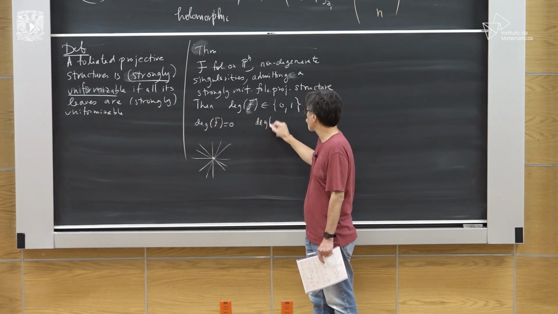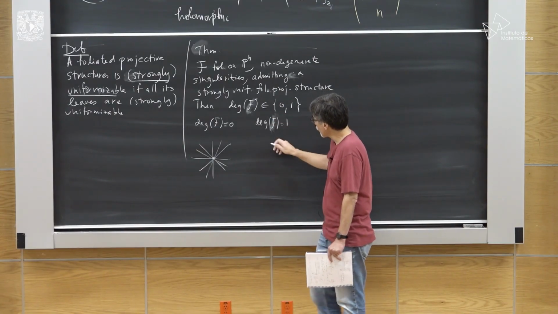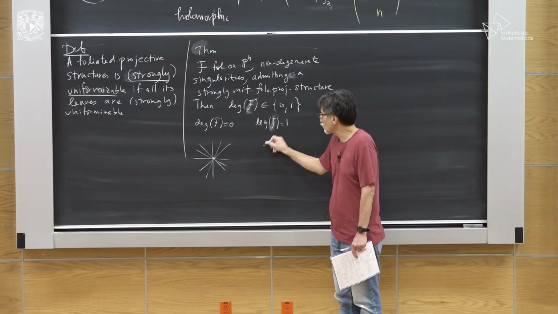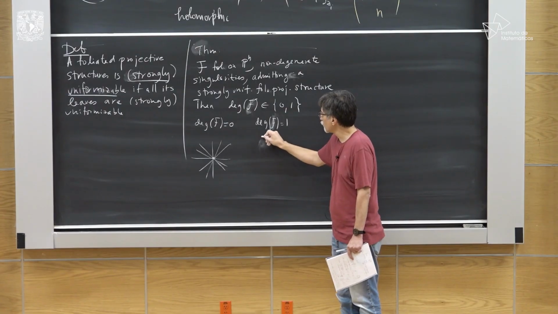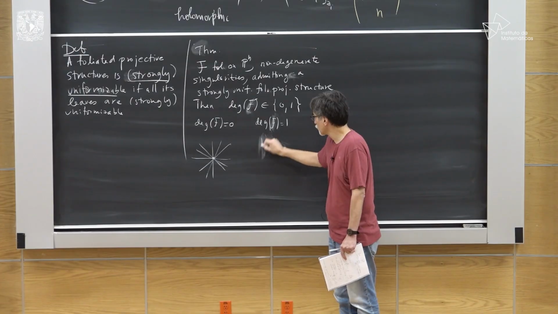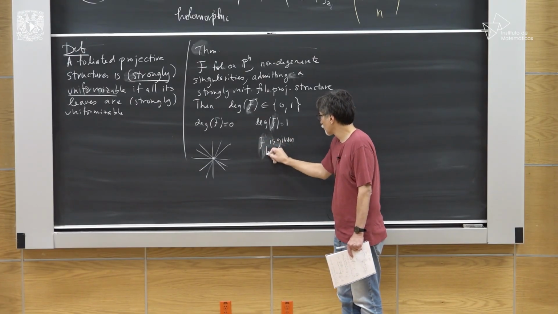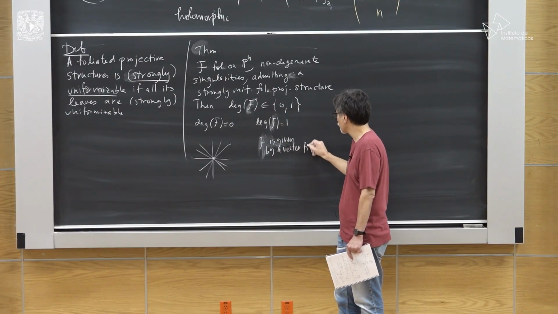And if the degree of your foliation is 1, then in some affine chart, you find a linear vector field. Then F is given by a linear vector field, a globally defined vector field.